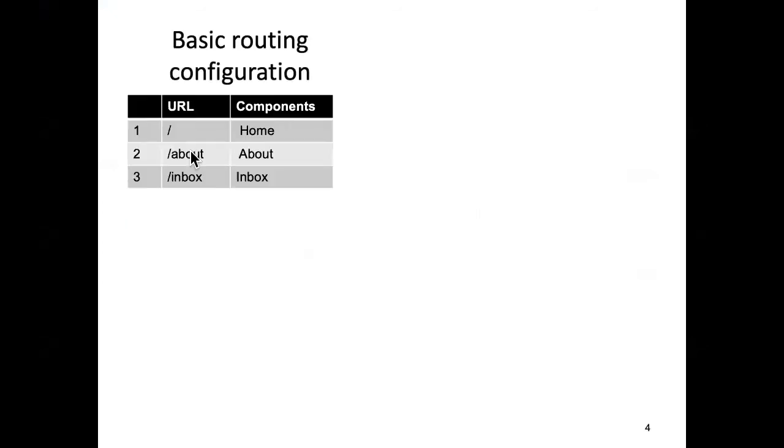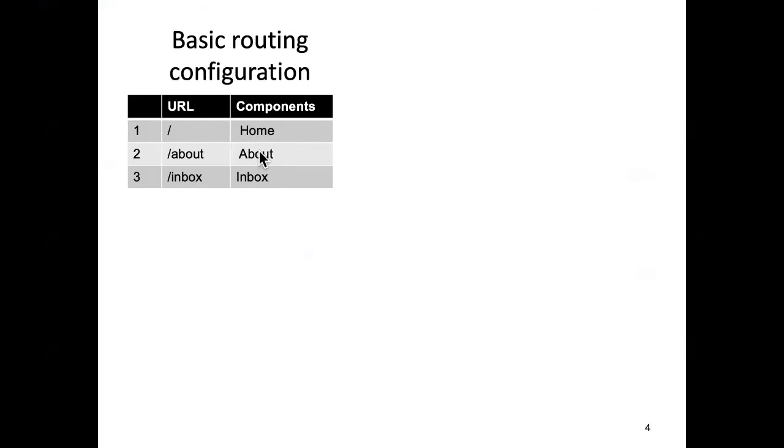So the kind of 101 case might be this. This is my objective. I want to have 3 pages, and these are the URLs that I want to associate with the pages. And this is the component that I want to have mounted onto the DOM for the corresponding URL.